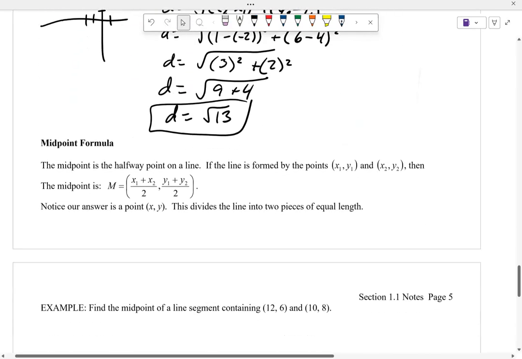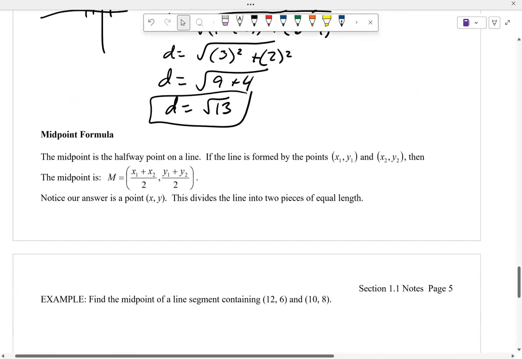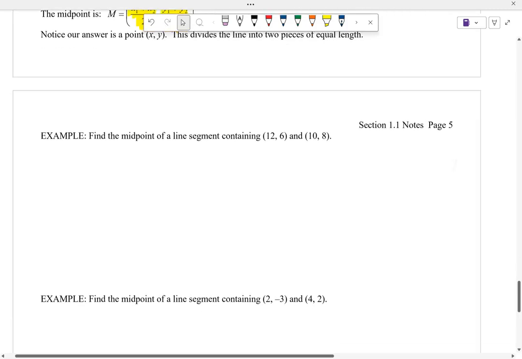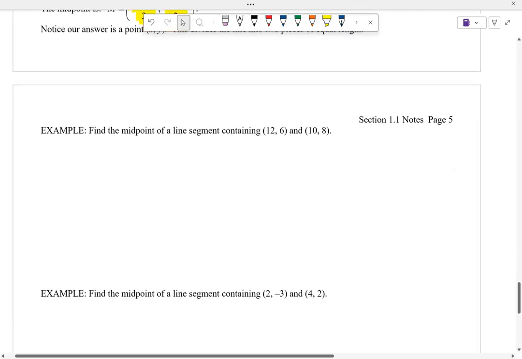All right, let's go ahead and find the midpoint of 2 points now. What this formula will do is find the average of your x's, and then it'll find the average of your y's, right? The horizontal average and the vertical average, and that'll give you the midpoint.